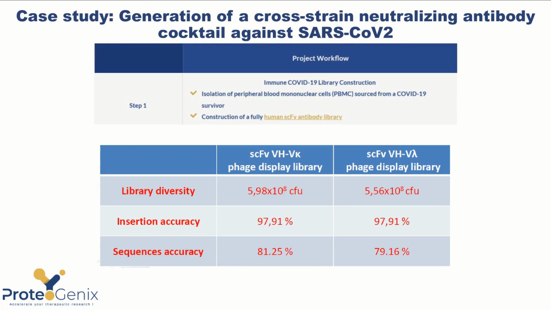Step 1 of the project started with the construction of a custom human scFv phage display library for our client using PBMCs sourced from a COVID-19 survivor, giving an excellent diversity, insertion accuracy, and sequence accuracy.